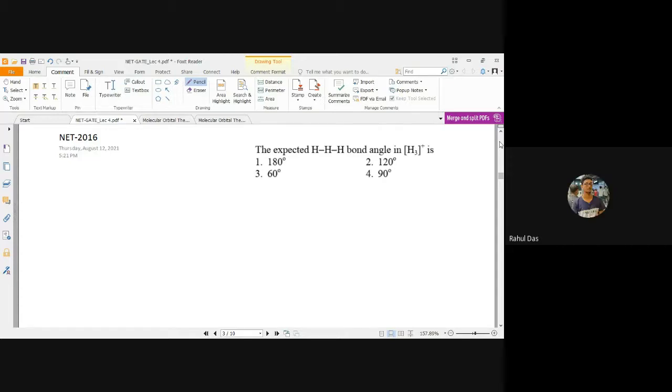Sir, it will be 180 degrees. How? Is it linear? Is the molecule linear? H3 plus ion, is it linear?